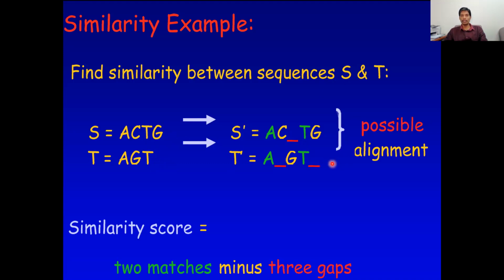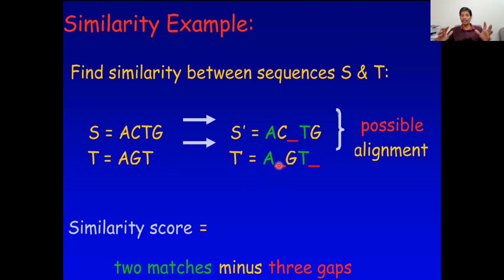So what is happening here? Two matches are there, three mismatches are there. Two matches minus three gaps. Okay. So these matches you can give a positive score, not always plus one, and deletions not always minus one.